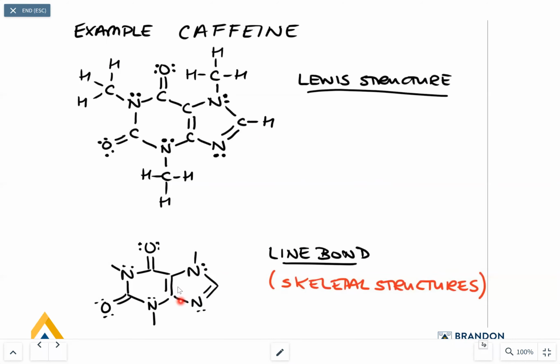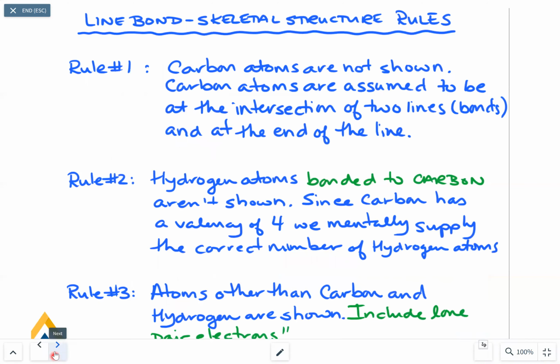Its valency is 4, so there's no hydrogens here. Likewise with this carbon, 4 bonds, so there'd be no hydrogens. And the third rule is atoms other than carbon and hydrogen are shown. And so we include the lone pairs on that. So the nitrogens are shown, the oxygens are shown, sulfur would be shown.